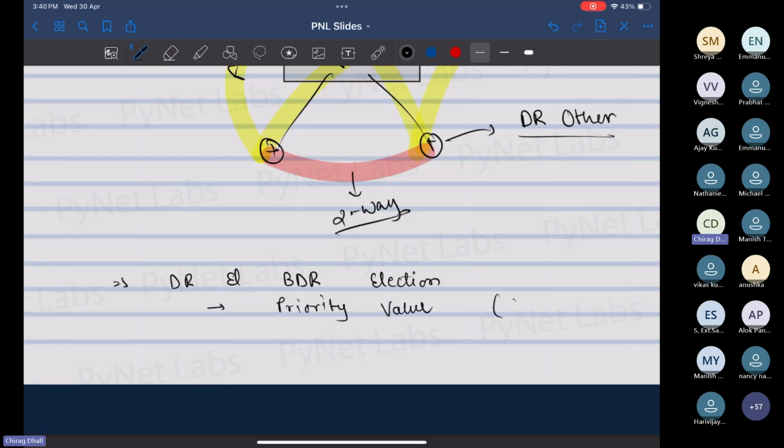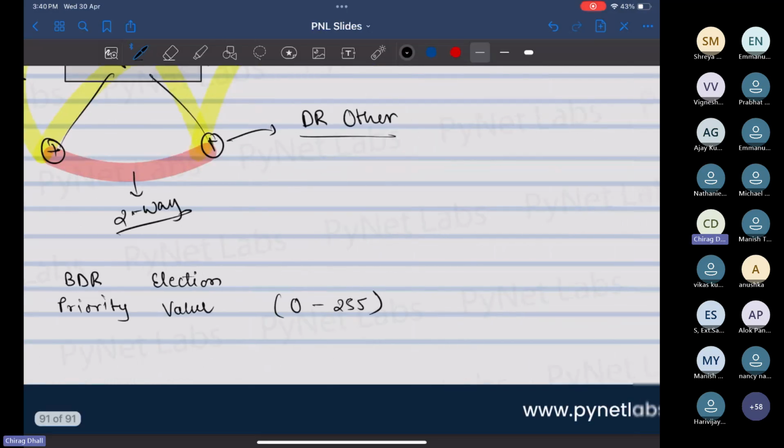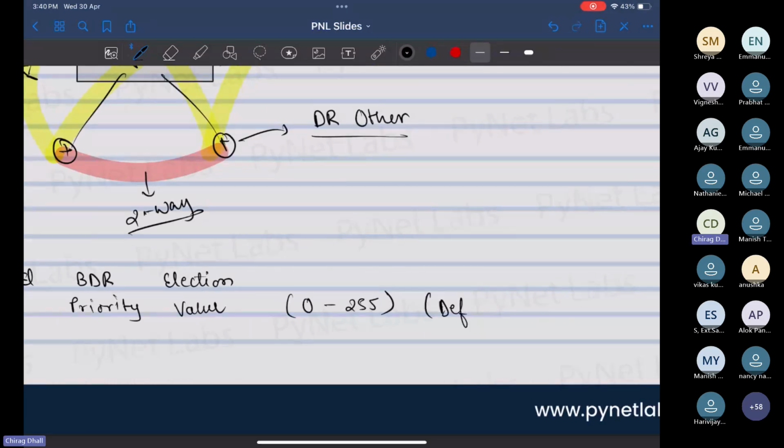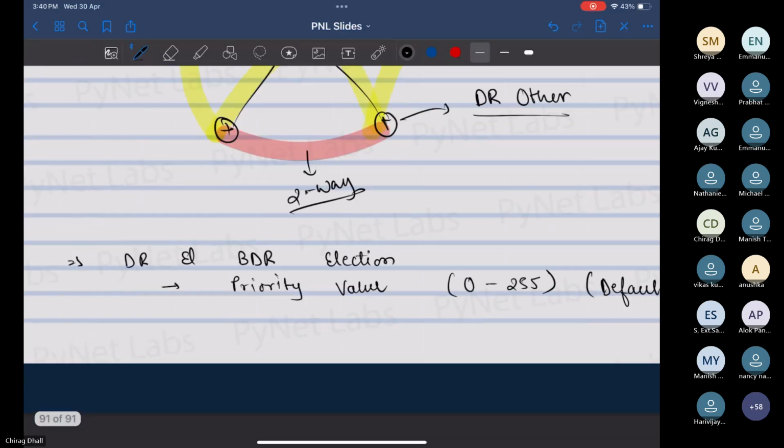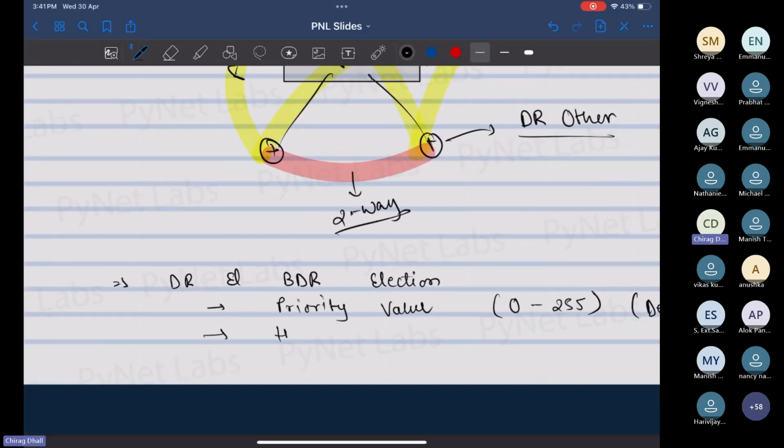This priority value can range from 0 to 255, and by default, it will be 1. Second is highest router ID. If in case the priority value is the same on all the routers, what do we look at? We look at the highest router ID.